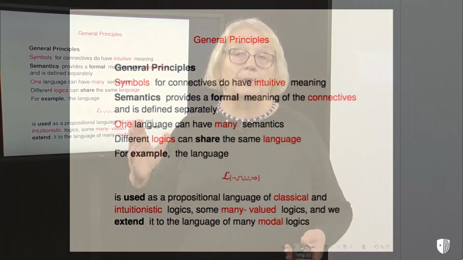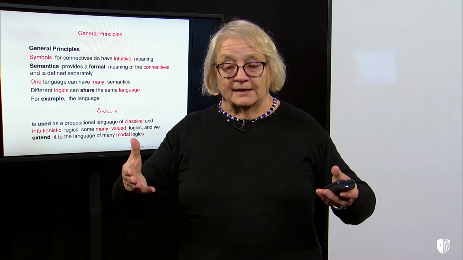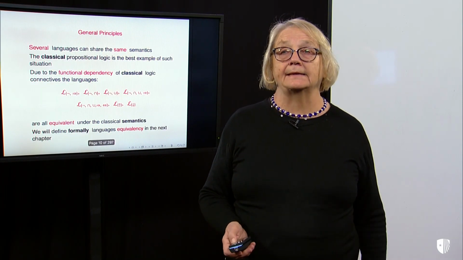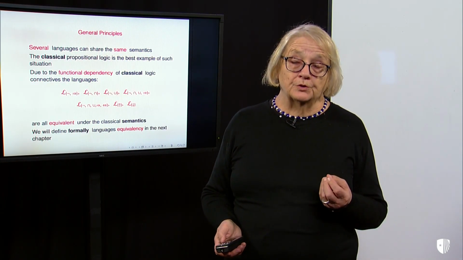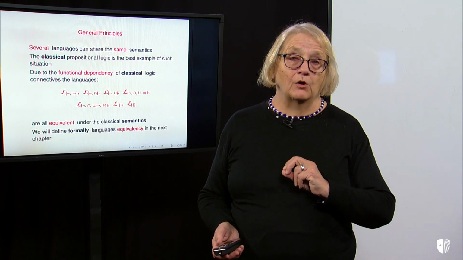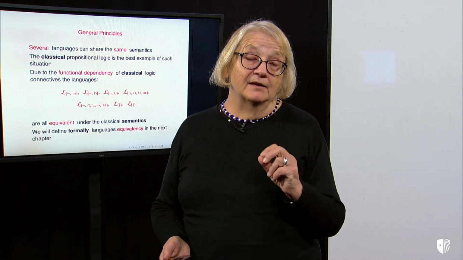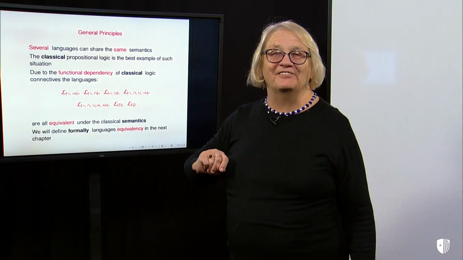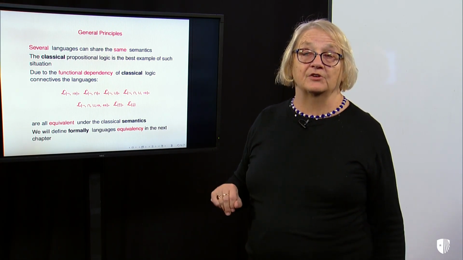So this language can have many semantics, and we'll discuss it later. Of course, also several languages can share the same semantics. For example, due to functional dependency of logical connectives, all these languages are equivalent, and we will define formally what it means for languages to be equivalent under classical semantics.